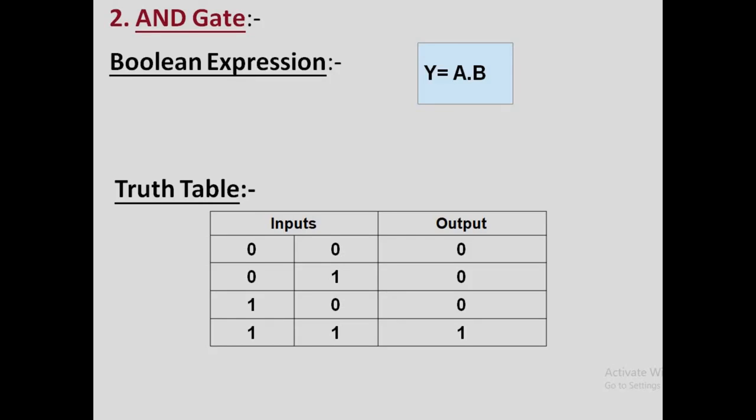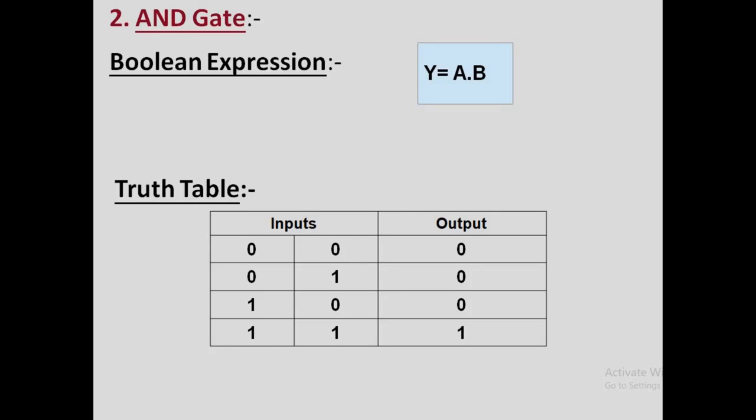Next is the truth table for the AND gate. Here we are using a 2 input AND gate. So inputs are 2 and output is only 1. Due to 2 inputs, there are 4 possible combinations of inputs: 0 0, 0 1, 1 0, 1 1.